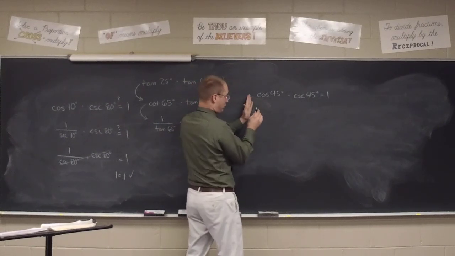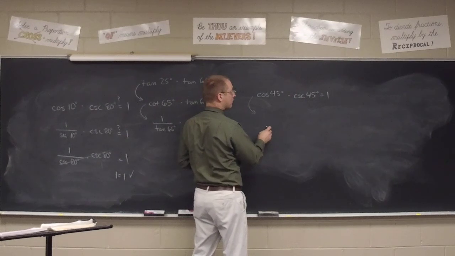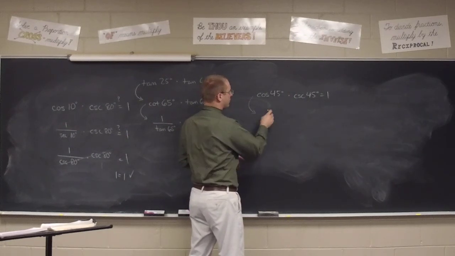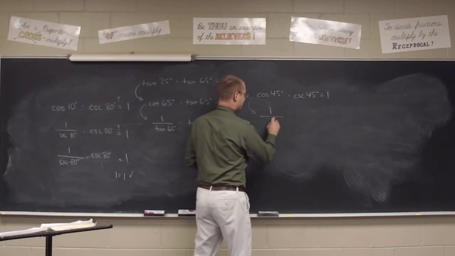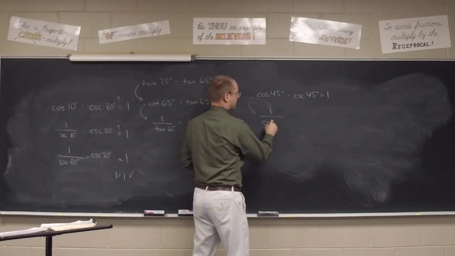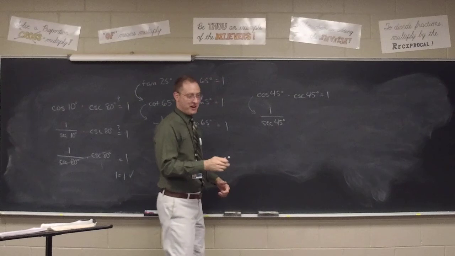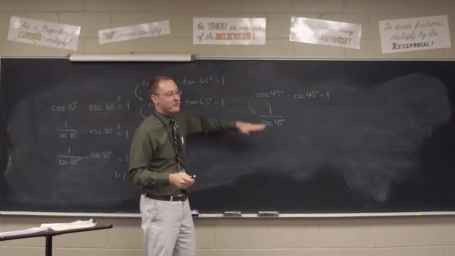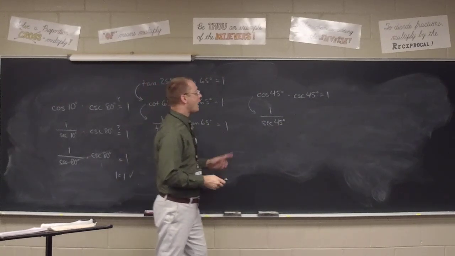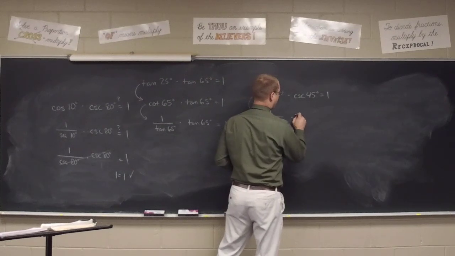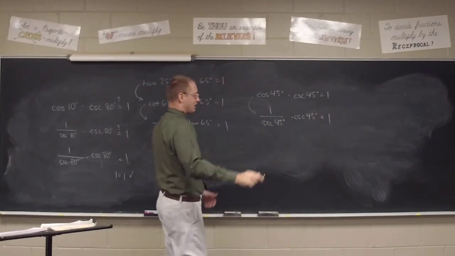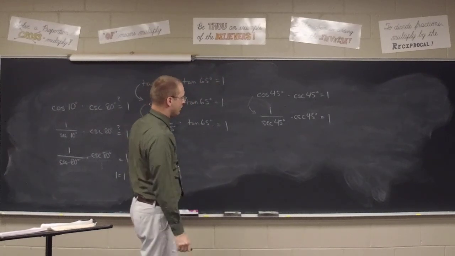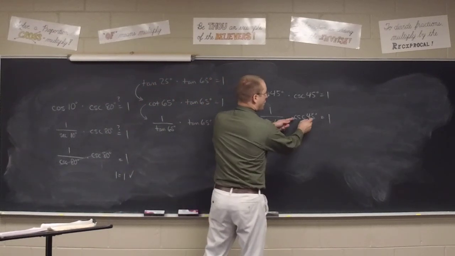So I could change cosine 45 to 1 over the secant of 45. You change it to a reciprocal, 1 over the secant of 45. Of course, we still don't have matching functions, but Chris just noticed its cofunction is secant, the cosecant's cofunction.